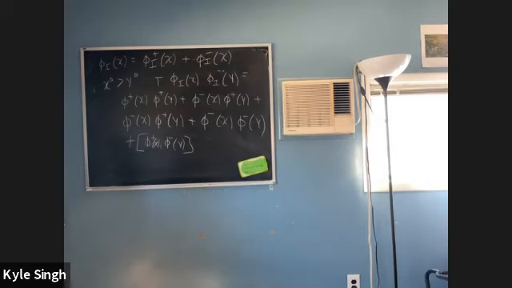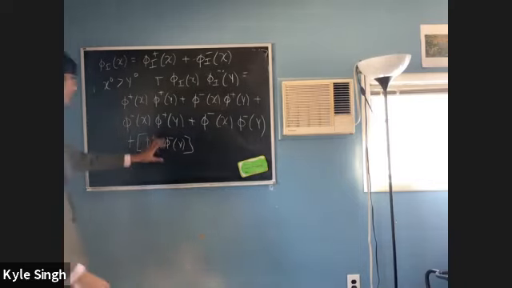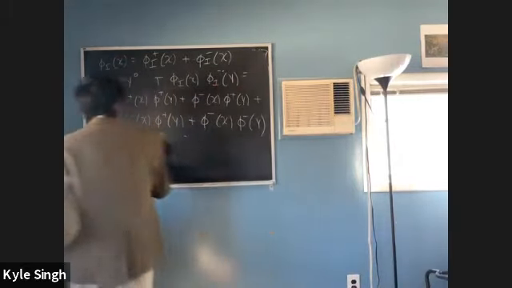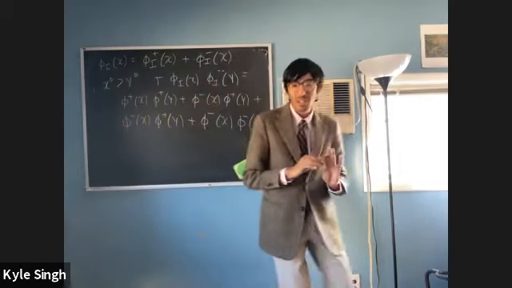Phi x, phi minus y. Let me think about what's going on here. Yeah, it's fine. It needs this little term. You'll see why. Actually, no. Sorry, I was thinking about something else.